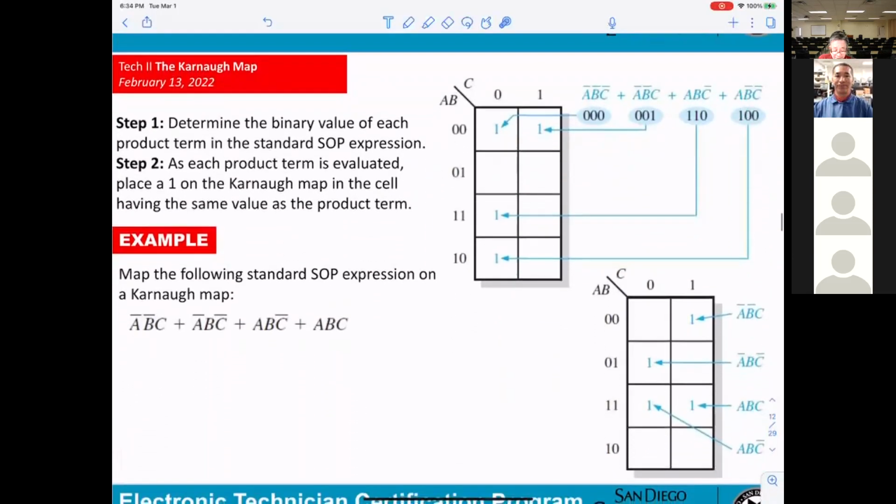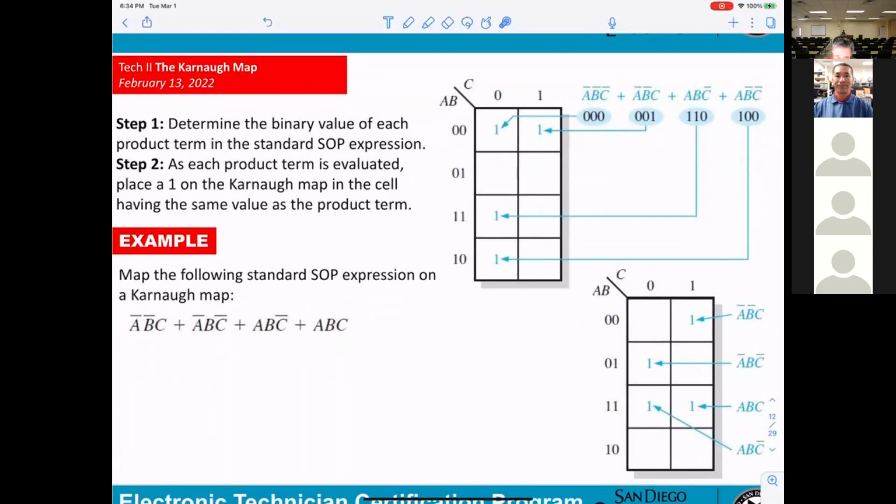Now, the reading may be a problem, but if you understand how to do it, you'll be happy. First, you get a K-map for 3 variables. The equation is not A, not B, not C, or not A, not B, C, or A, B, not C, or A, not B, not C. So you can see how many 1s will be put in the K-map. Each product will be a 1: 1, 2, 3, 4.